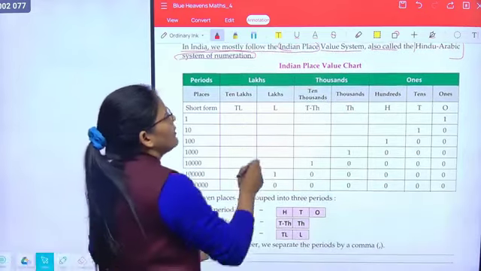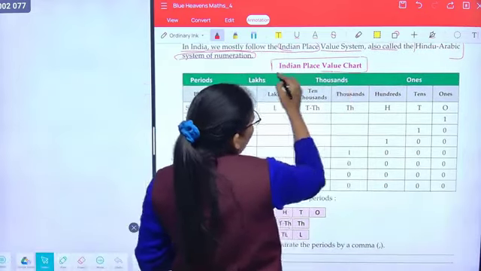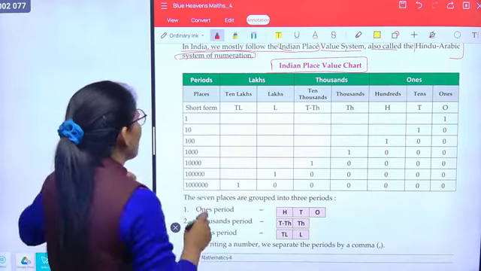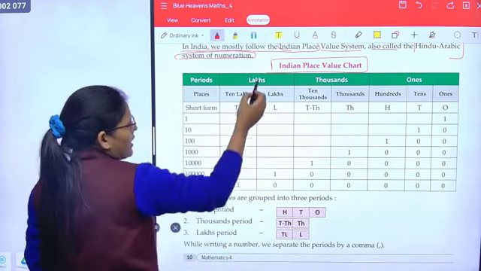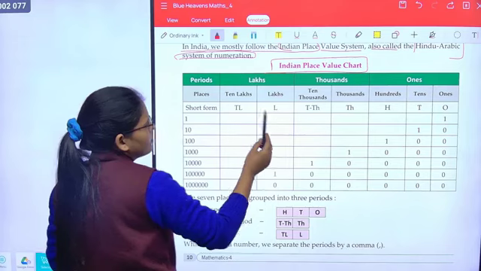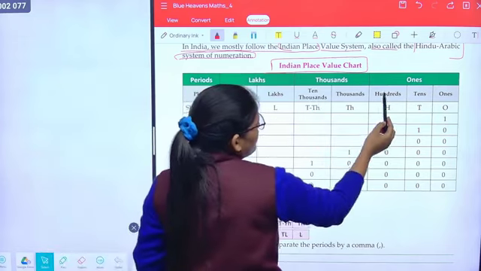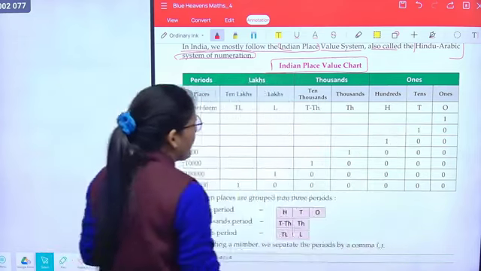Now, Indian place value chart. It is the place value chart, class. Now, periods: lakhs, ten thousands, thousands, hundreds, tens, ones. Understand?